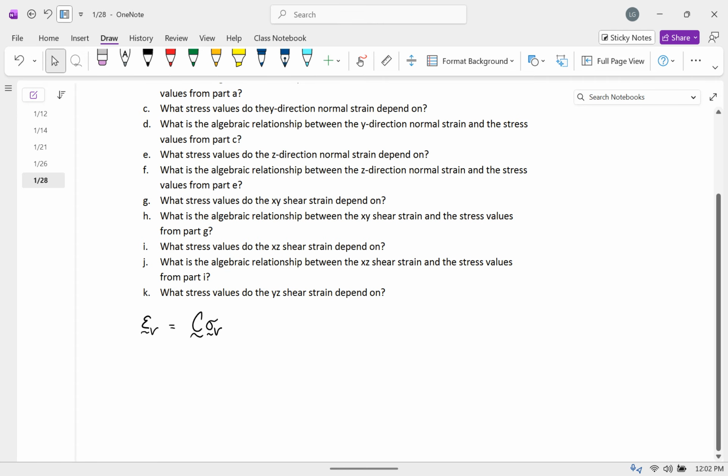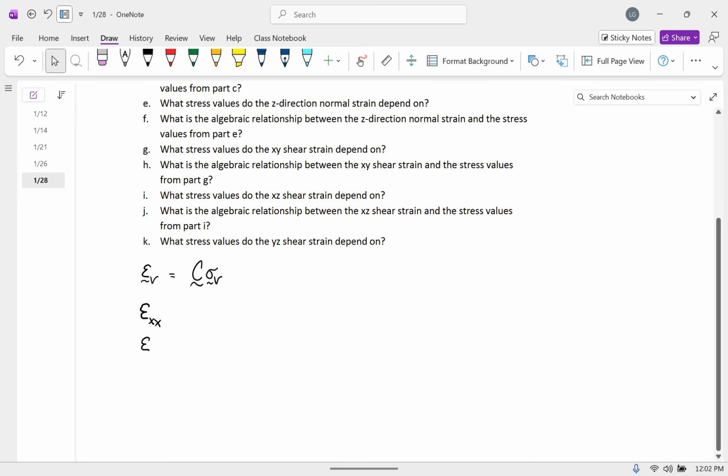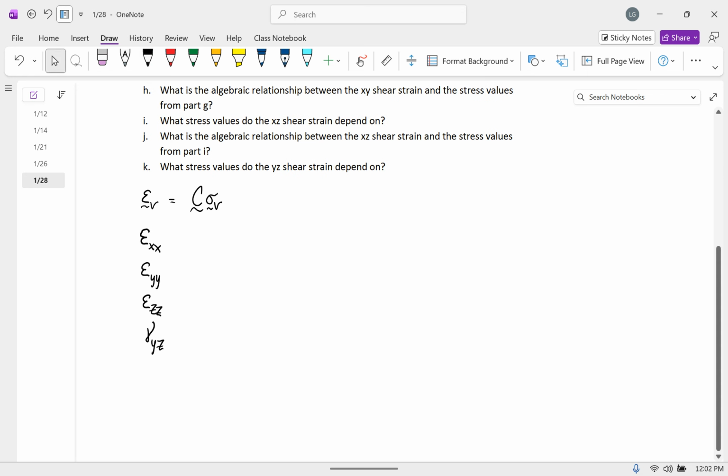So I'm going to write this out again. We have EXX, EYY, EZZ, lambda YZ, lambda XZ, lambda XY.